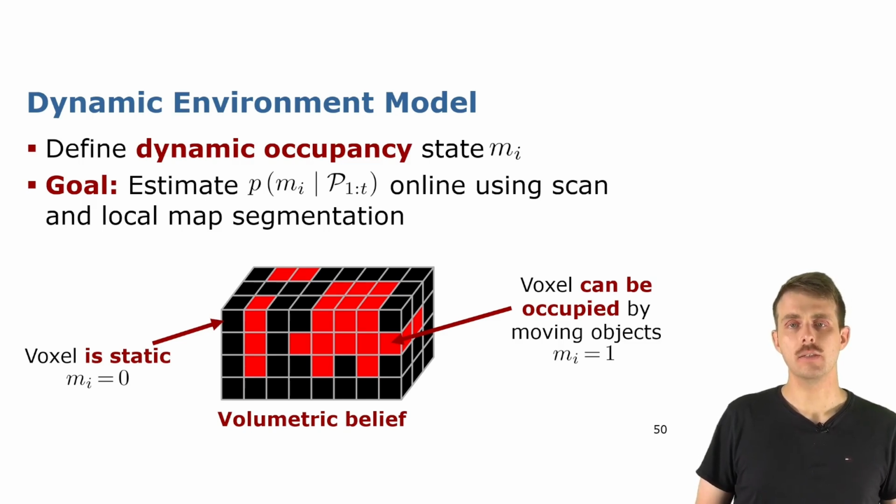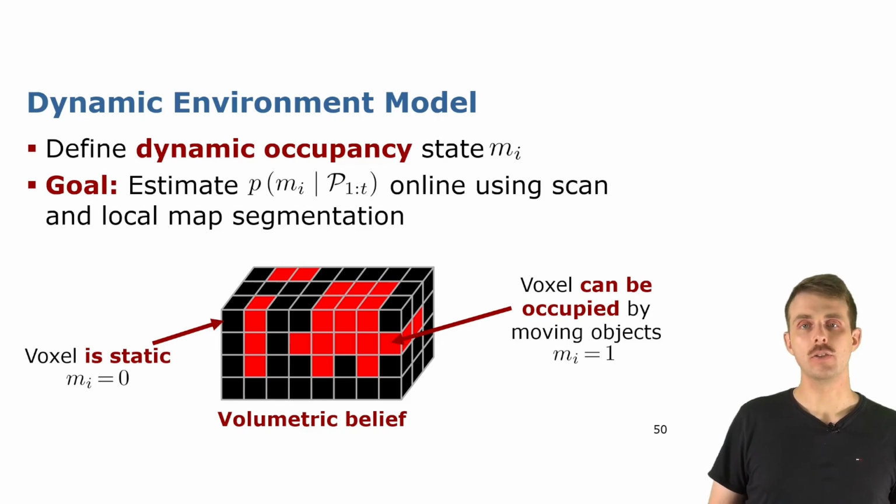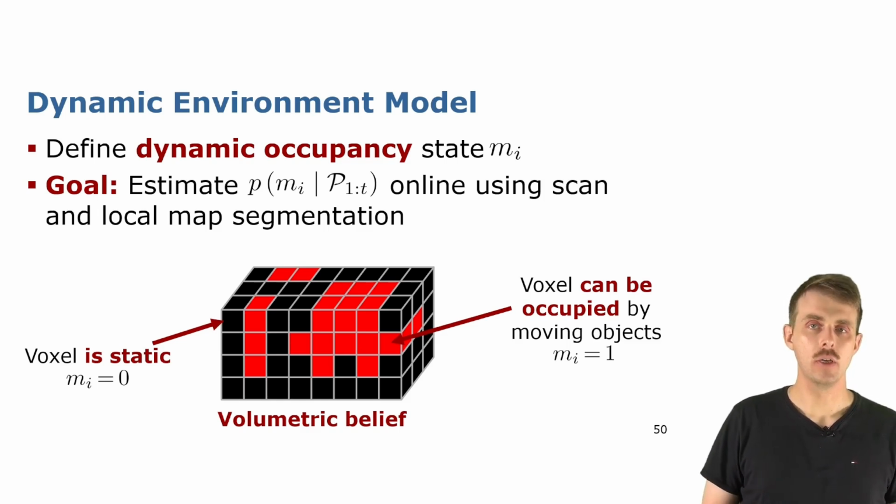This state tells us, as you can see below, that a voxel is either occupied by static objects, so the voxel itself is static, or the voxel can be occupied by moving objects. This does not mean that there is a moving object in the voxel right now, it just means that this is a part of the space in which we have observed a moving object.